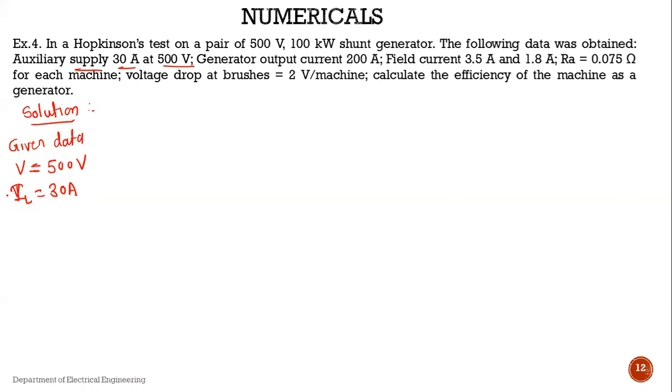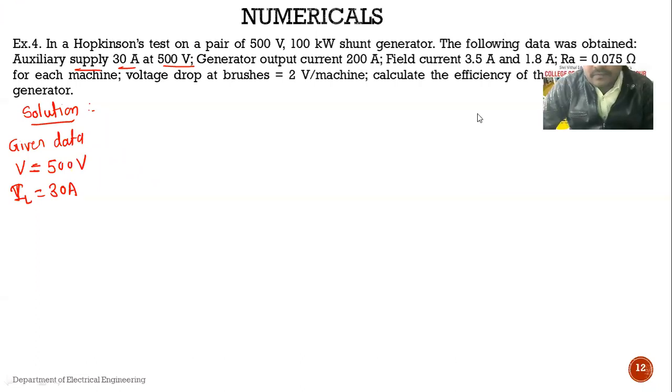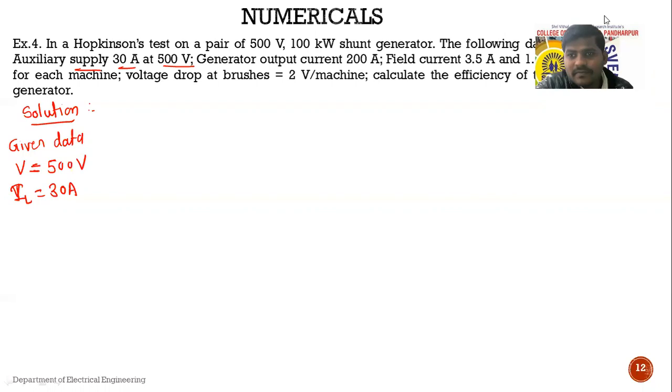Now the generator output current. See, now the generator output current is 200 ampere. Generator output current दिलेला आहे, that is IL of G is equal to 200 ampere.